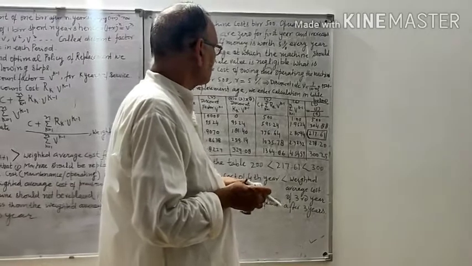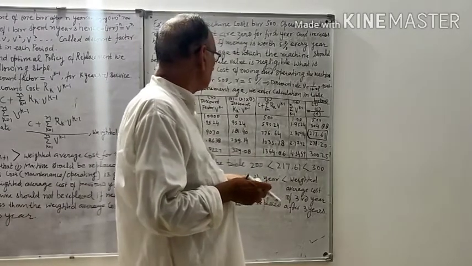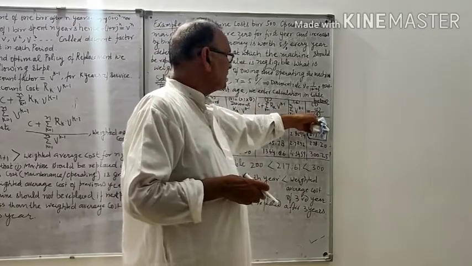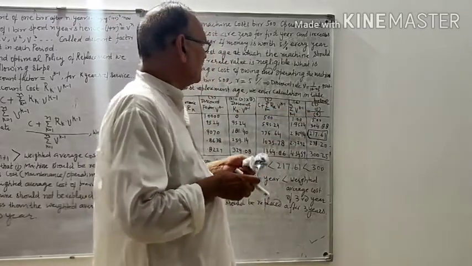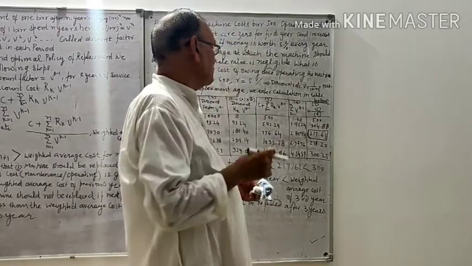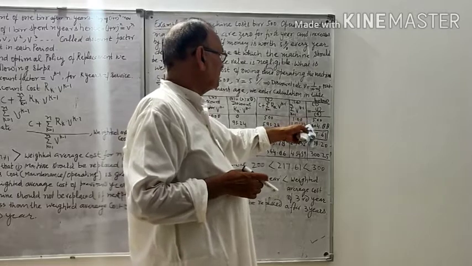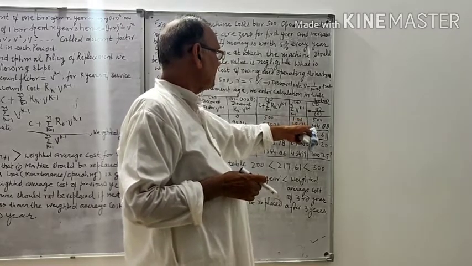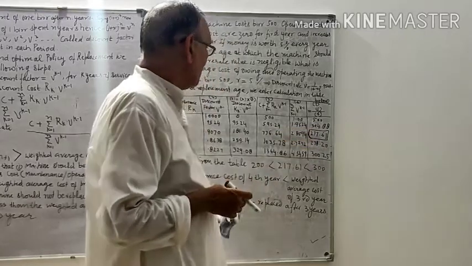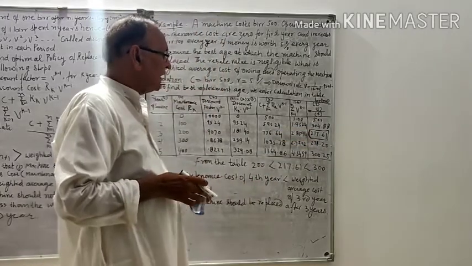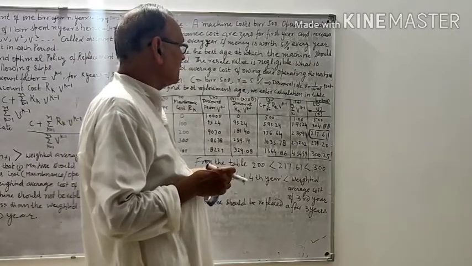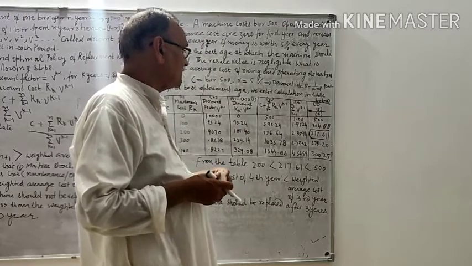And then to find the weighted average cost, we have to divide column 5 by column 6 to find the total weighted average cost. So this is 500, weighted average cost 500 for the first year, then for second year, third year, fourth year, fifth year. Now you check again, as we were applying in the ordinary model in which money value was constant.